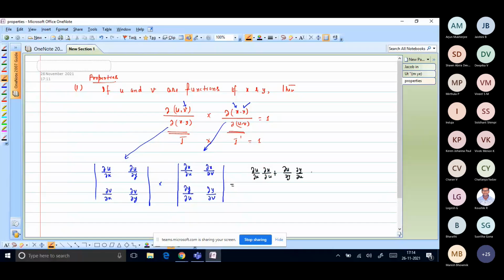Next: del u upon del x into del x upon del v plus del u upon del y into del y upon del v.